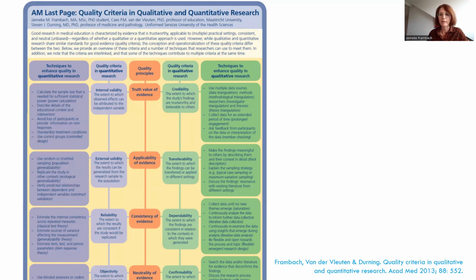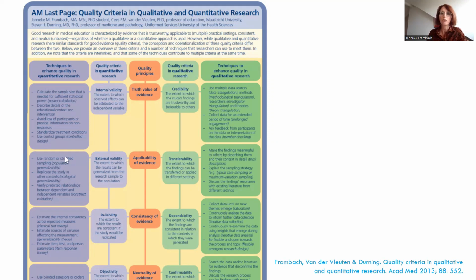So there are criteria that focus on quality in qualitative research, but they are not the same. We don't talk about validity, reliability in qualitative research, but we have different terms. The principles behind them, though, they are more generic. So that would be the orange boxes in the middle here, about the truth value of the evidence, the applicability of the evidence, the consistency and the neutrality of the evidence.